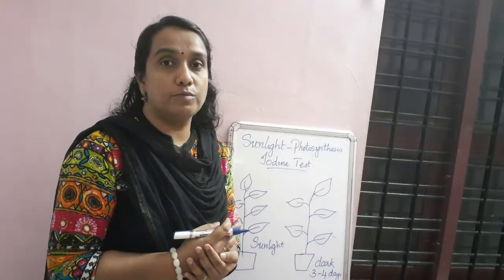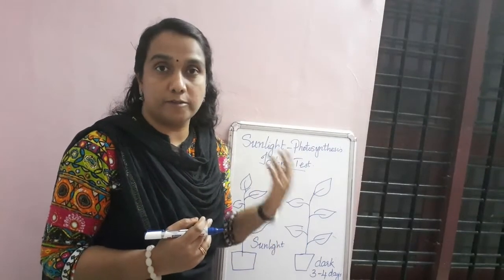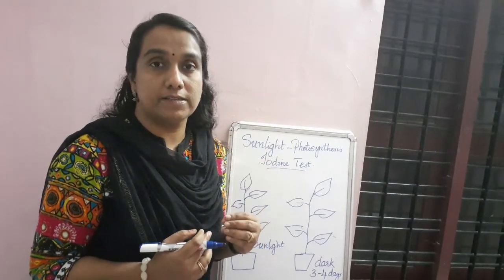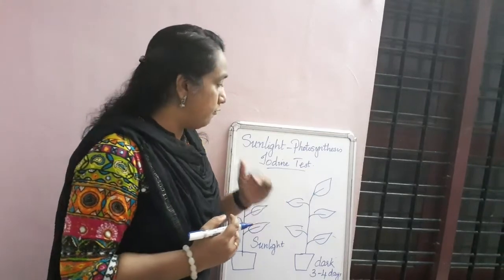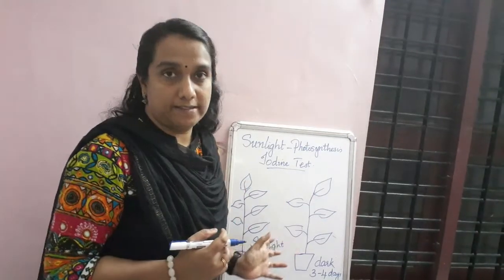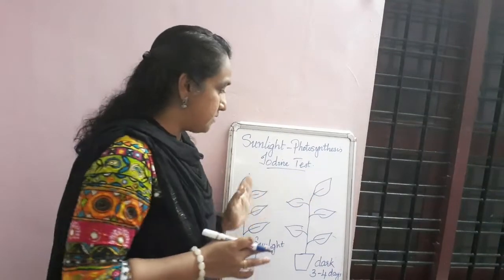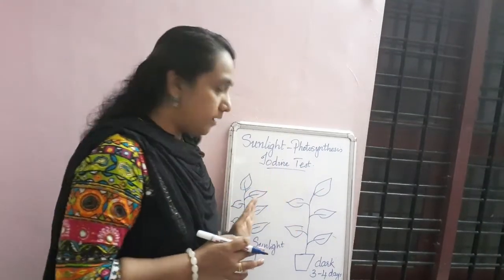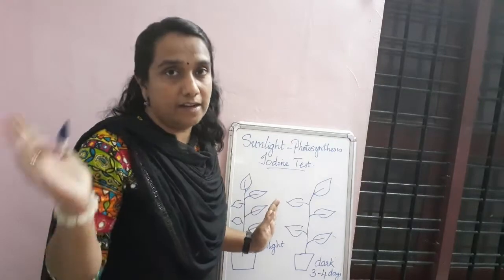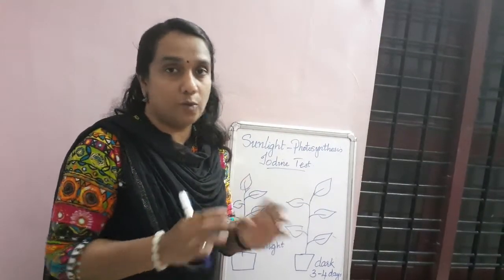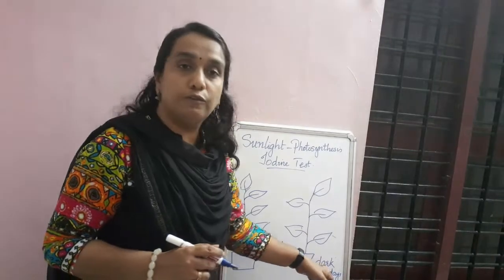As I told you, sunlight is very important for the process of photosynthesis. We will conduct one experiment, that is known as the iodine test. For that I am taking two plants, two same common type plants. One plant I am keeping in the sunlight, and another plant I am keeping in a dark room where there is no sunlight, for 3 to 4 days.